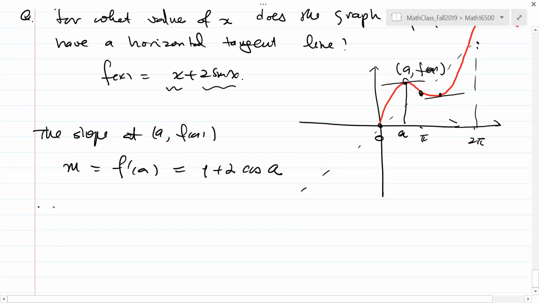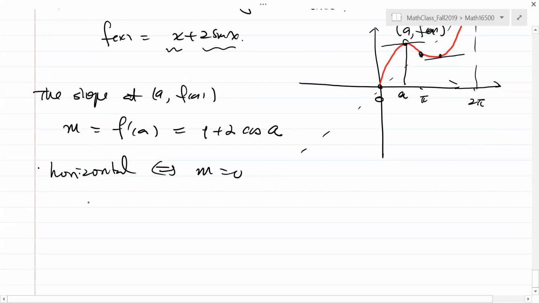Its tangent is horizontal if and only if the slope is 0, right? Yeah, slope is 0, the line is horizontal. Then the question is, how do you solve this equation? Cosine A equals -1/2.